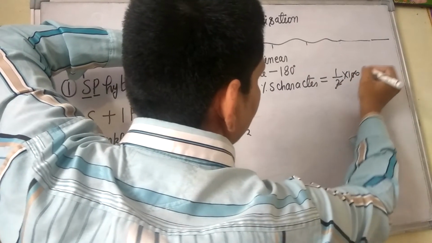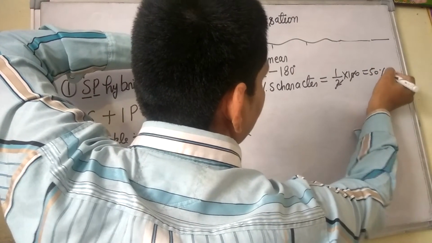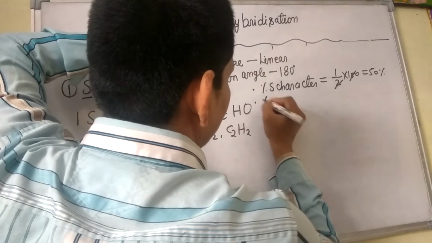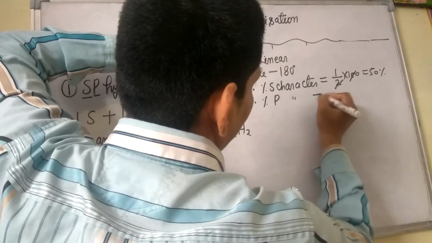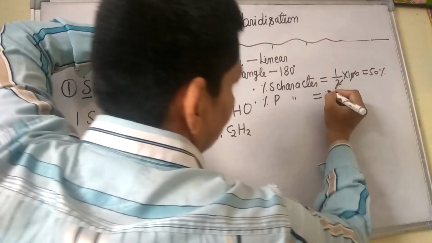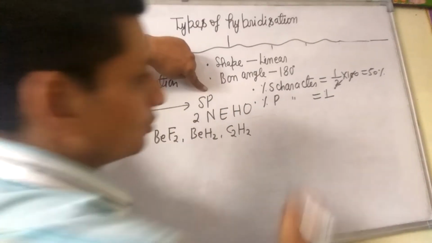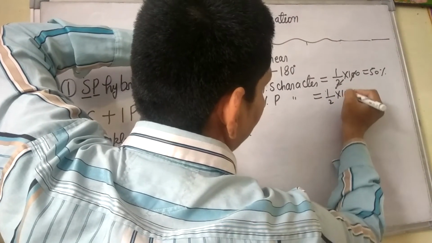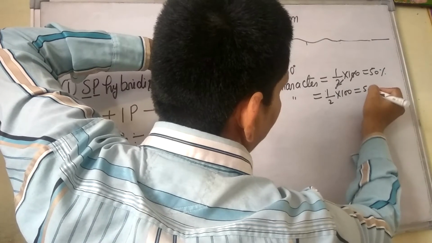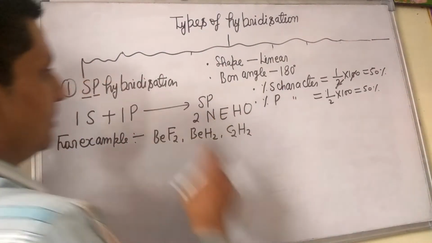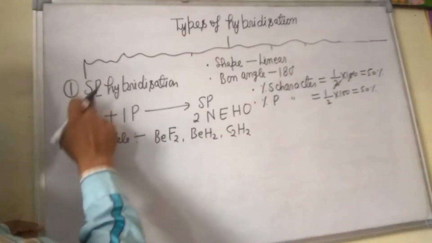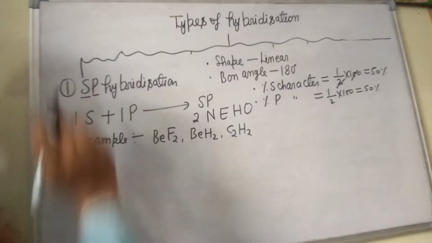So percentage S character is 50%. After this, percentage P character: here P is 1 and total orbitals 2, into 100. We again get 50%. Normally we can say sp hybridization contains 50% S character and 50% P character.